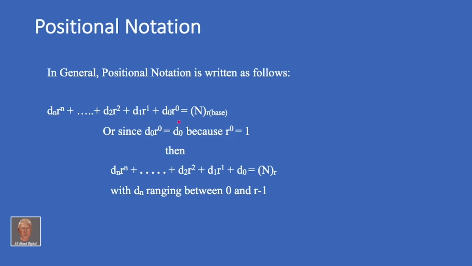Now, since anything to the 0 power is always 1, then we can replace d0 times r to the 0 with just d0, because d0 times 1 is just equal to d0. So what I said was d0 times r to the 0 equals, since this is equal to 1, d0 times 1, which is just d0.